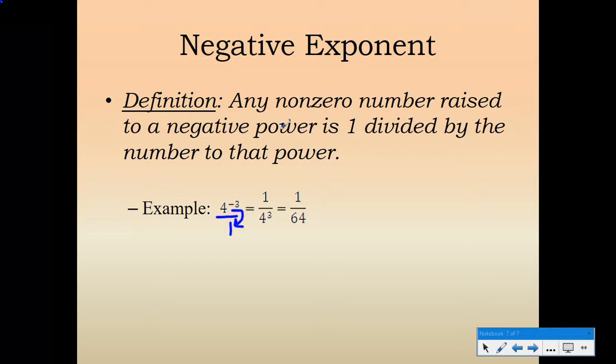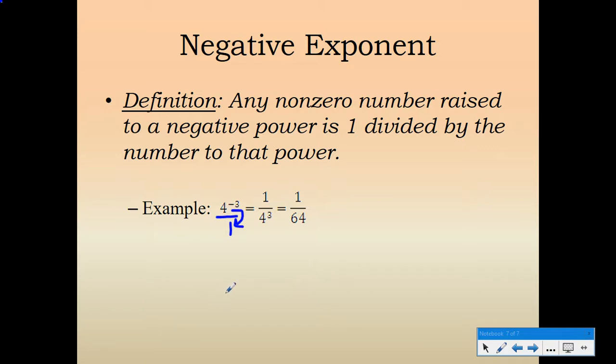So this term is starting in the numerator. To make the exponent positive, I'm going to put it in the denominator. This is not an explanation as to why the negative exponent goes away, but it's just a shortcut to remembering what to do.